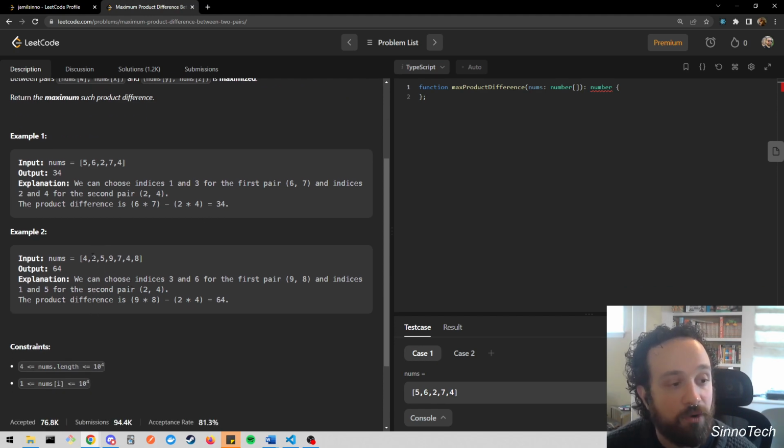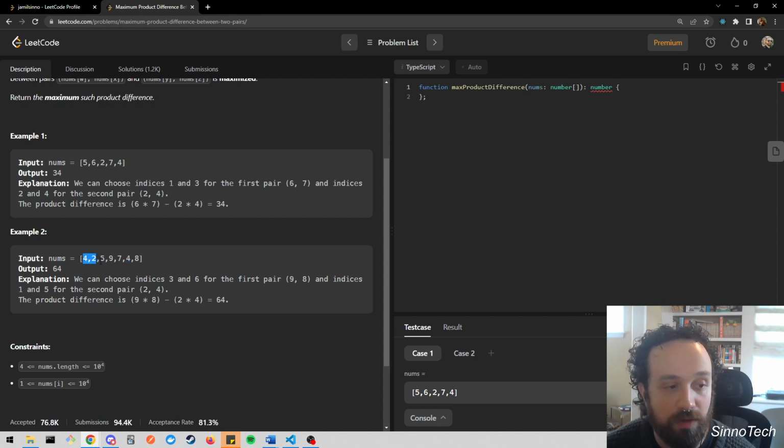Example number 2, we have 4, 2, 5, 9, 7, 4, and 8. Made up of mostly the same numbers as before, but our output is 64, and it's a little bit different this time. So let me explain why, right? We can choose the indices 3 and 6 for the first pair, right? Which represents 9 and 8, and then the indices 1 and 5 for the second pair, which is 2 and 4, okay? But they chose to do 1 and 5.